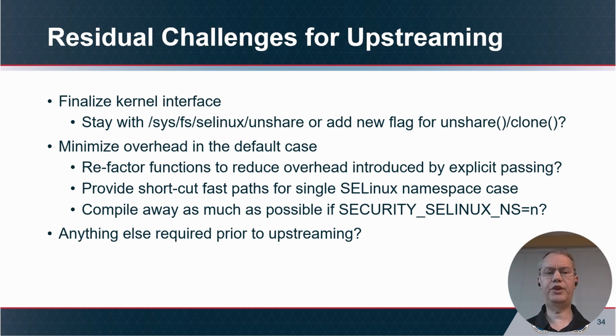And so this really becomes a question of whether we simply stay with the current unshare interface or add a new flag for the unshare and clone system calls. As mentioned before, the complication associated with the latter is that it would either require per-LSM flags or it would require all the LSMs to unshare simultaneously upon receiving the single call.